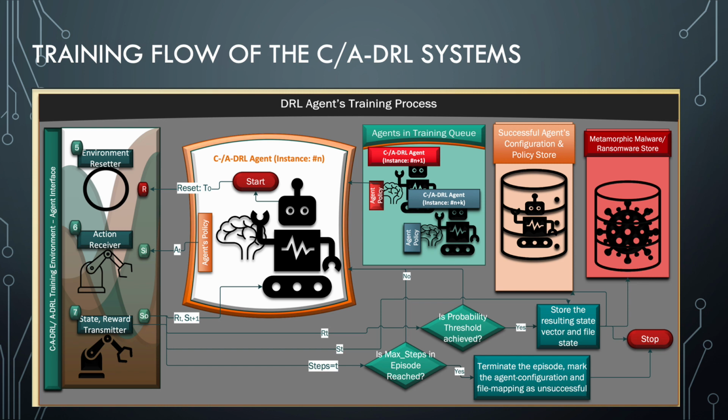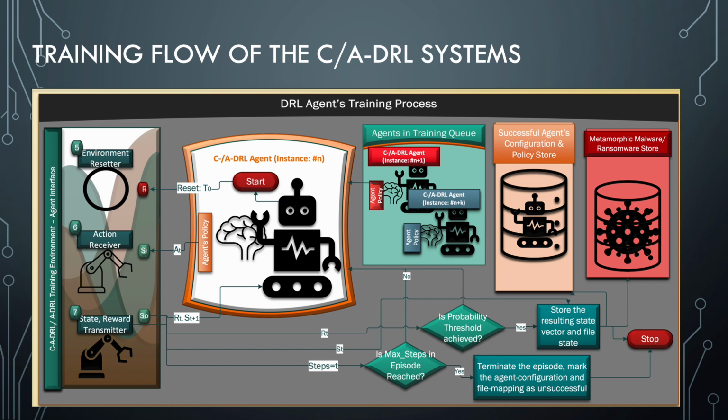So the agent would try to change the opcode structure of a particular malware, and if it gets modified to an extent such that none of the challenger systems are able to identify it as malware, that is what we consider a successful conversion to metamorphic malware. And in that case, that particular sample, along with its identity of the original malware, is stored in the metamorphic malware sample store.